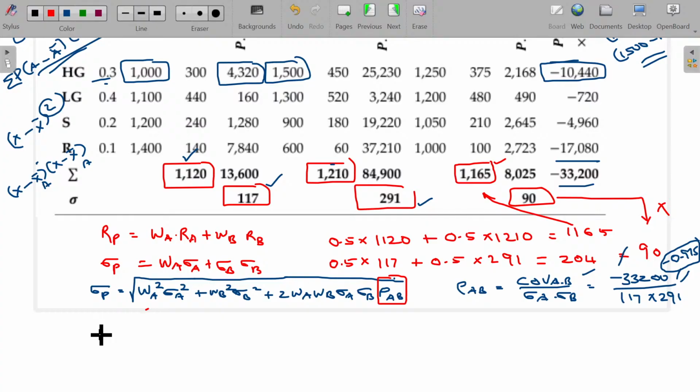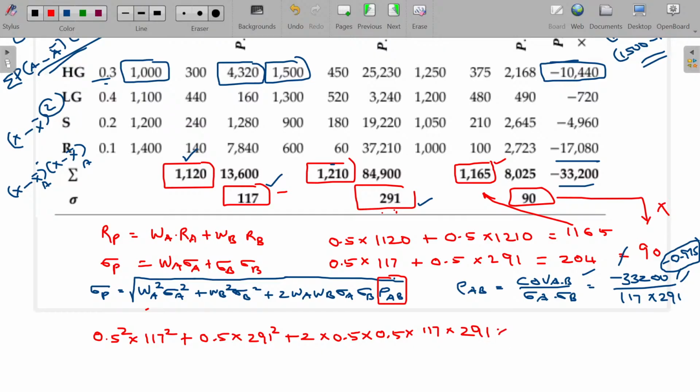Weight of A being 0.5 to the power 2, standard deviation of A being 117 square, plus weight of B being 0.5 into standard deviation of B being 291 to the power 2, plus 2 into weight of A 0.5, weight of B 0.5 into standard deviation of A 117, and standard deviation of B being 291.